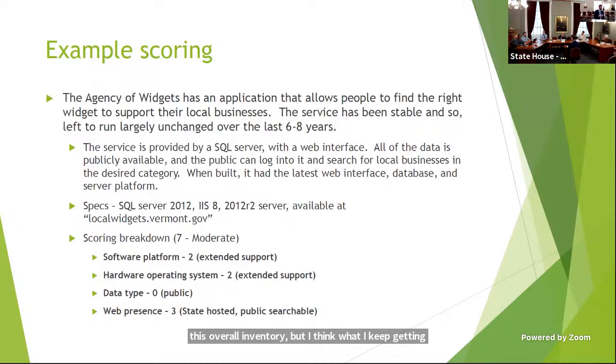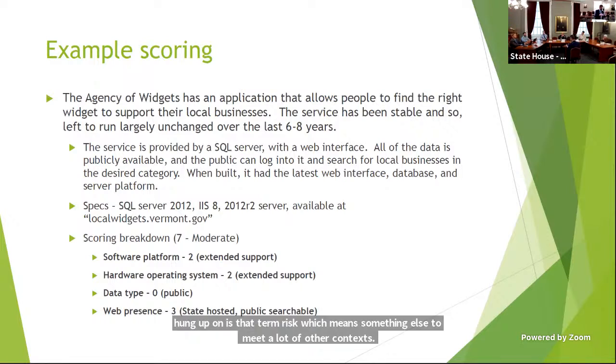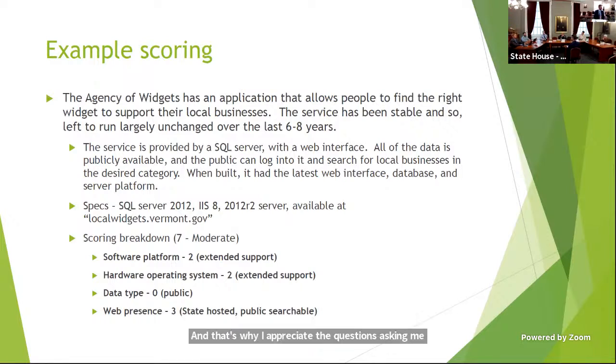Right, and that's why I appreciate the questions asking me to specify where we're at with risk, because an overarching risk management framework addresses, I mean, IT is only a small piece of it.